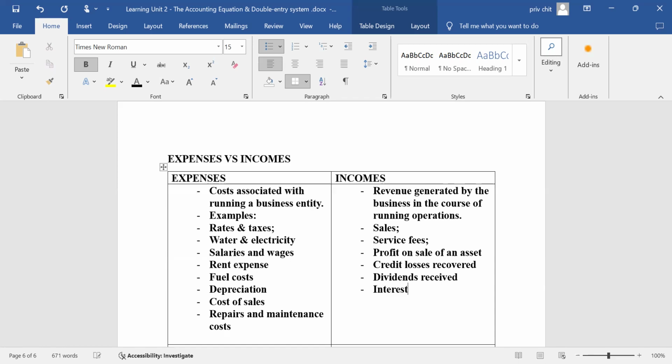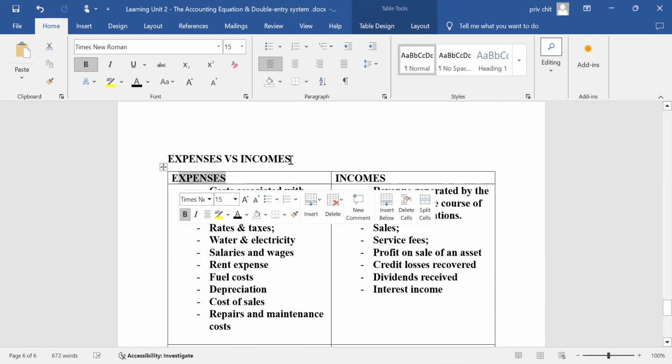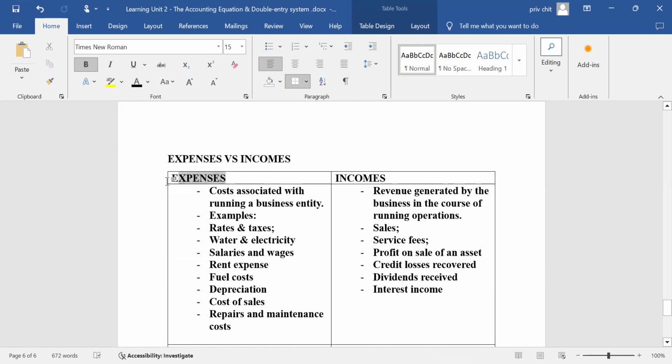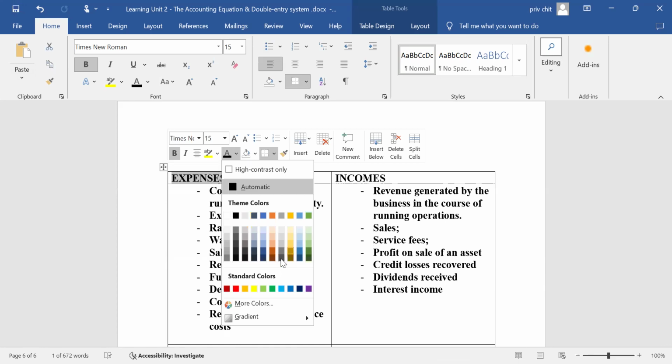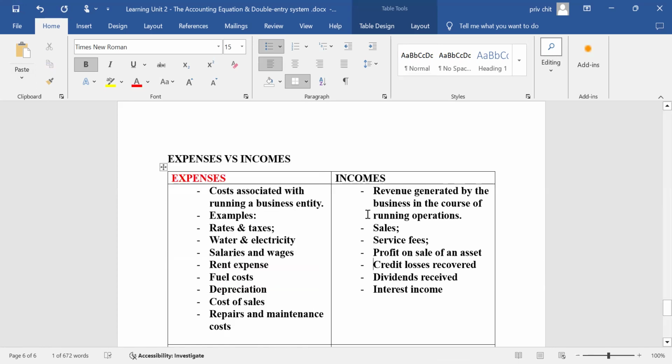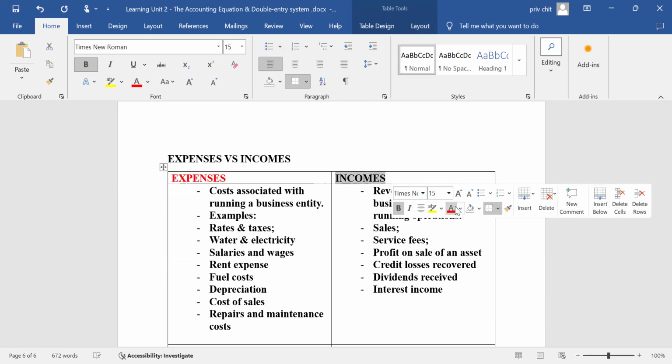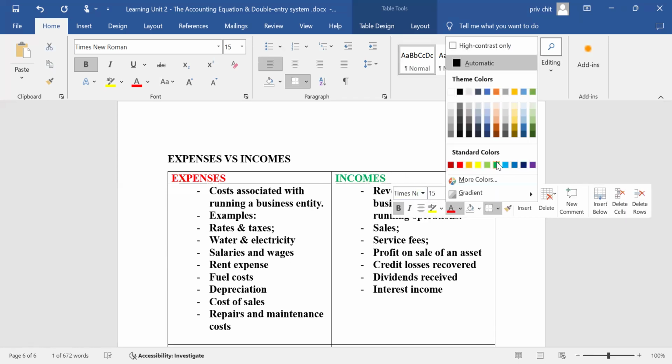Interest income, just to name a few. Yes. Are we together? So these are the differences between expenses and incomes. Those are expenses, and on the other hand, these are the incomes of the business.